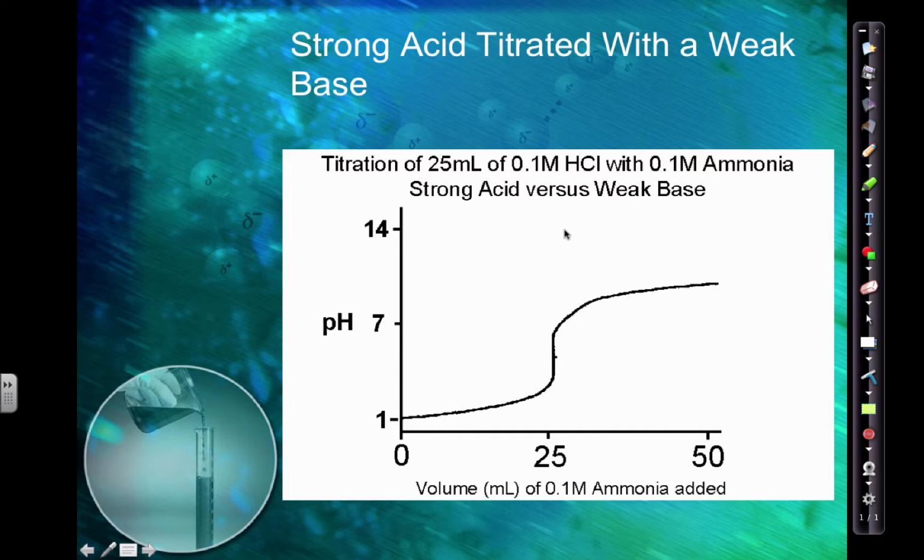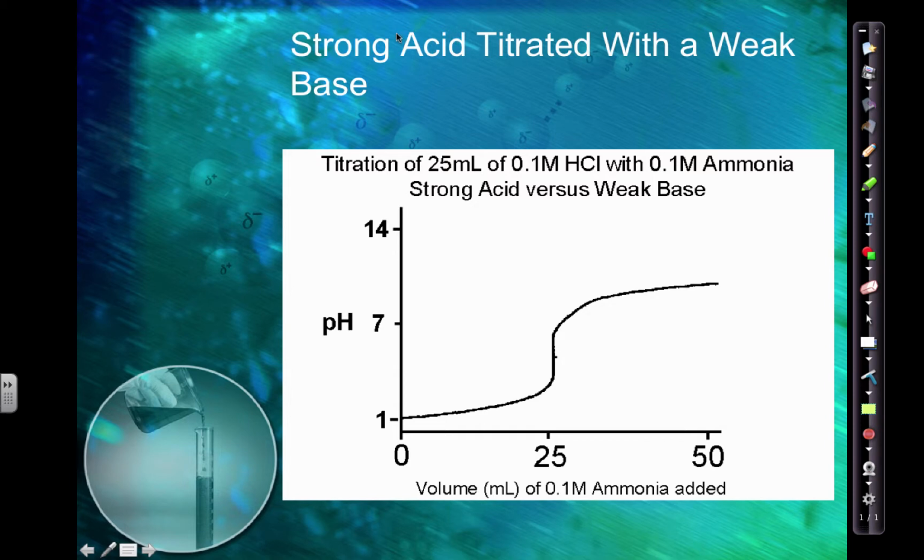So with a strong base, I should end up closer towards 14, but if it's a weak base that I'm adding, it'll be above 7, but not quite as high as a strong base would end up. So if I'm looking at this, I'm going to start off low. My equivalence point will be the middle point right here, and then that's going to be below 7.